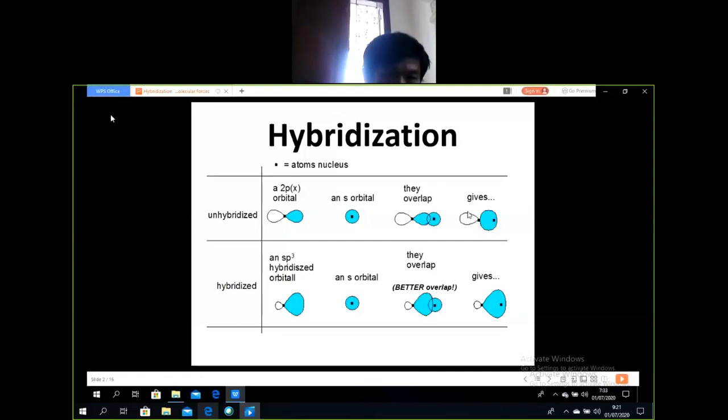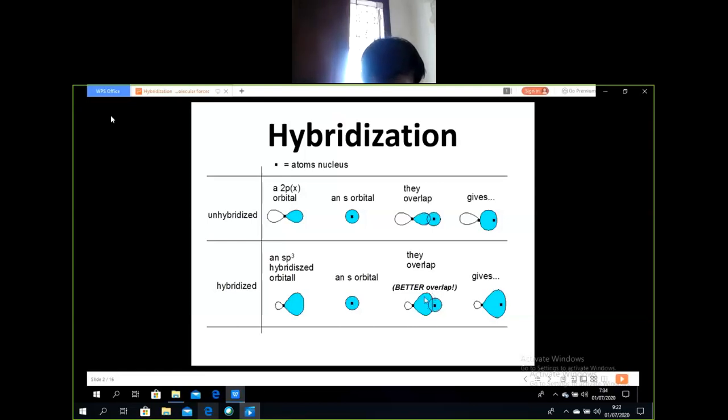And then this one, when hybridized, is an sp3 hybridized orbital. The px is ready to make an overlap with an s orbital. This is a better overlap. Why?